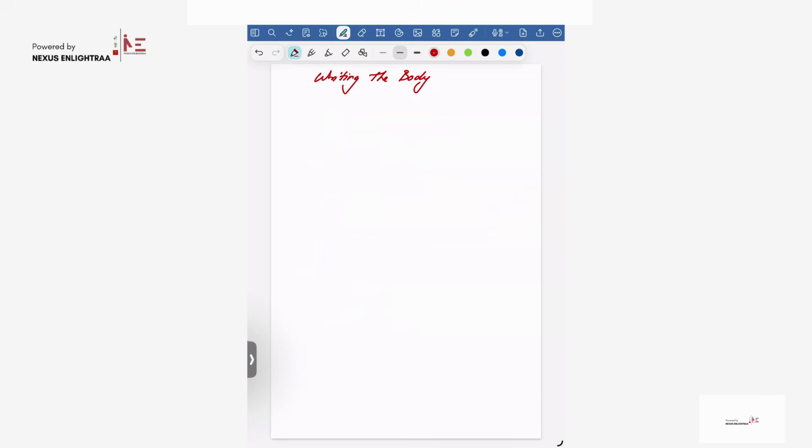Now, the first one is called immediately apparent. Now, what does this mean? Immediately apparent means the reason for your letter, and that reason must be crystal clear from your very first sentence.